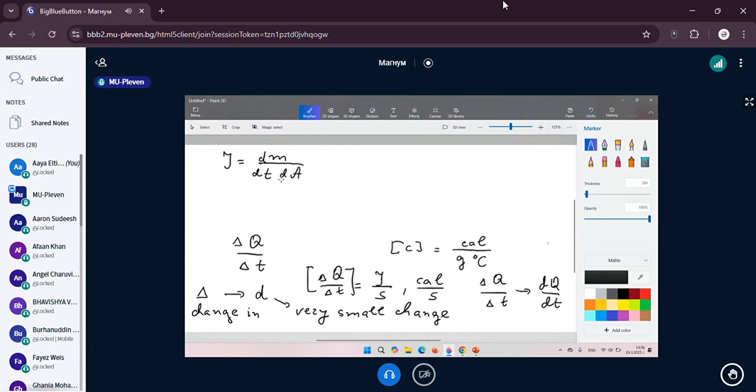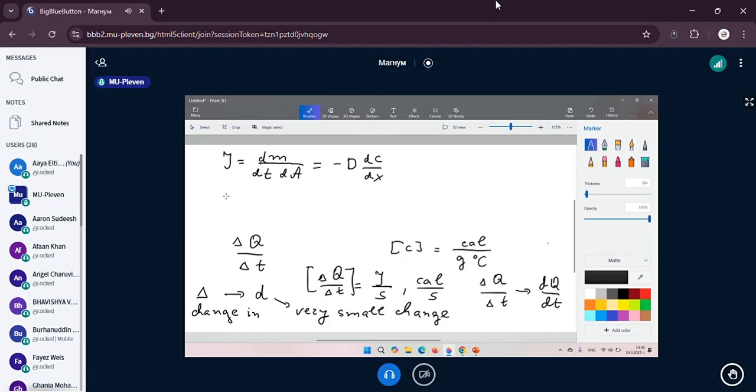That's why I'm introducing here the symbol dA, which is proportional to the concentration gradient. See the way we write gradient now. It's a very small change in concentration per unit length.